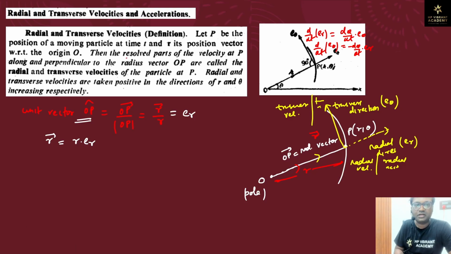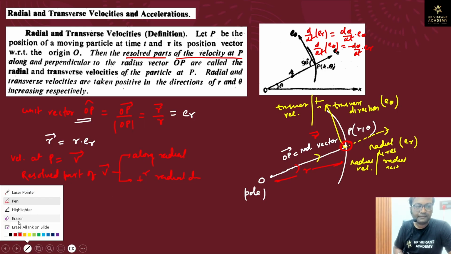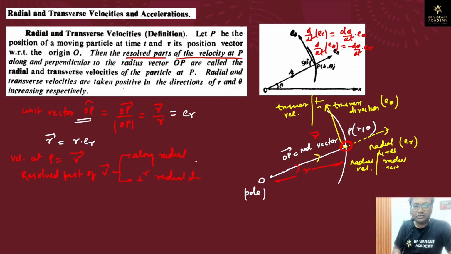But we are having the resolved parts of the velocity at P. So let us consider the velocity at P is V. The resolved part of V along the radial direction, meaning along the radius vector, is the radial velocity. And perpendicular to the radial direction is the transverse velocity.